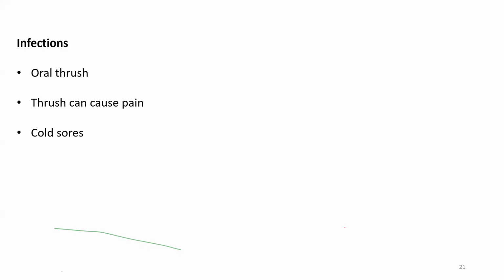If it's in the mouth, it could also mean that it's in the throat and the esophagus as well, so it could be going down quite fast. It really could be quite uncomfortable. So the minute you see those white patches, even if it's just a few, contact the GP and you can start treatment immediately.